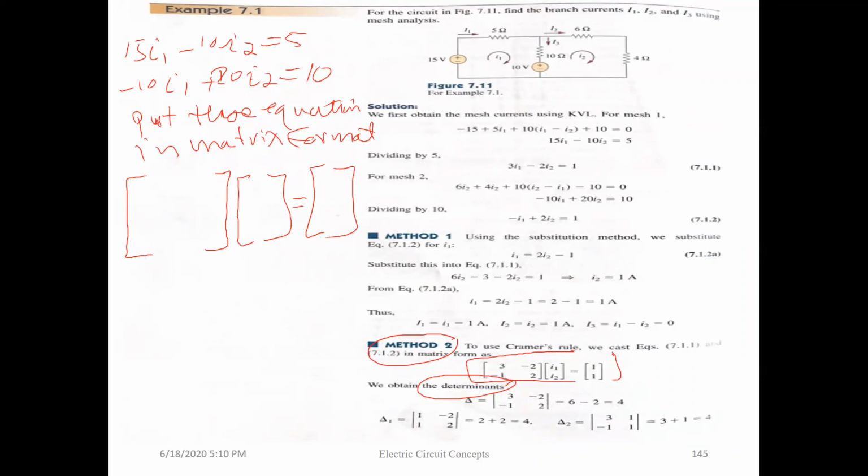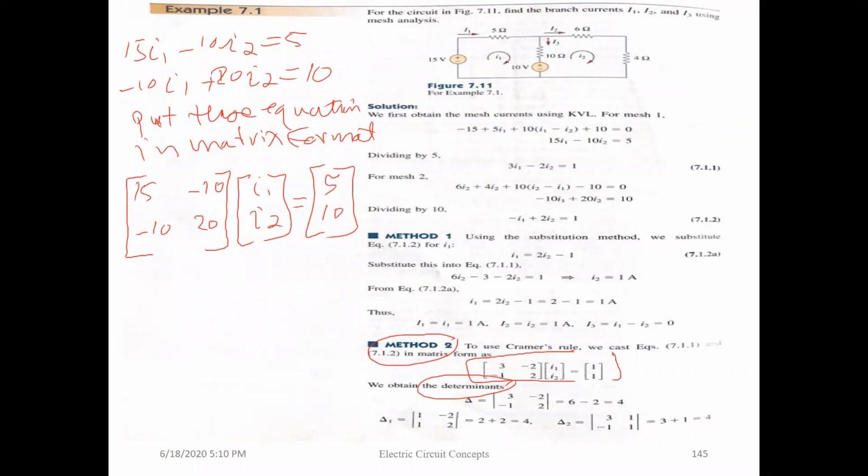In the first bracket, we put the coefficients of the left-hand side. So it will be 15, minus 10, then minus 10, then 20. And in this small bracket, we put I1 and I2, the variables. And in the right-hand side bracket, we put the values of the right-hand side of the equations.